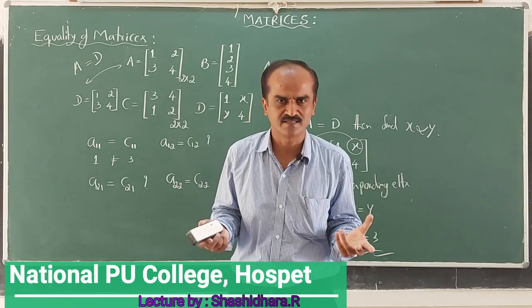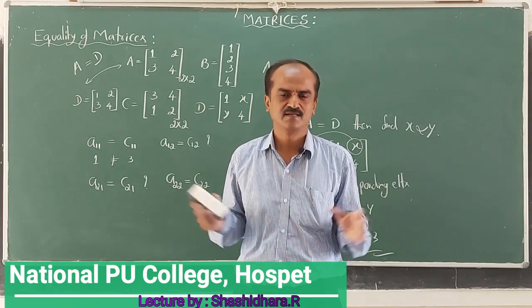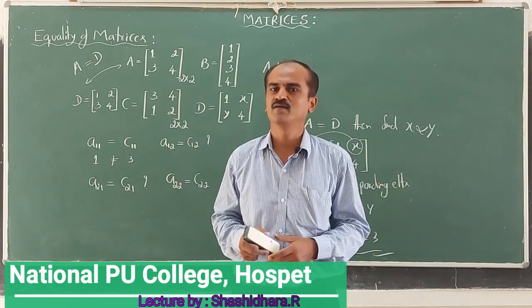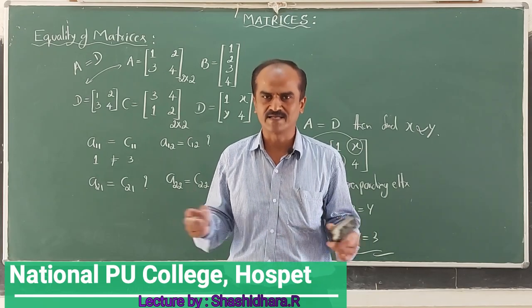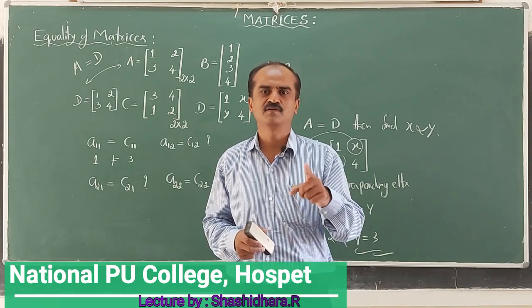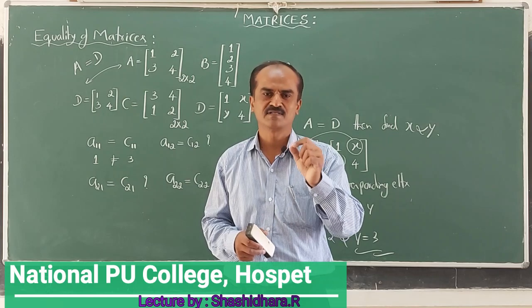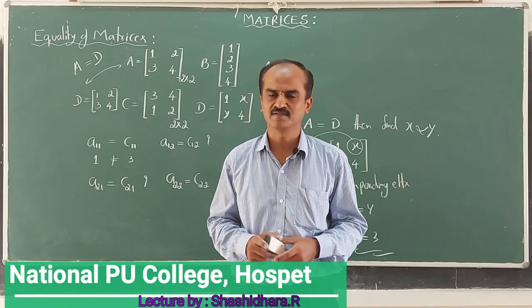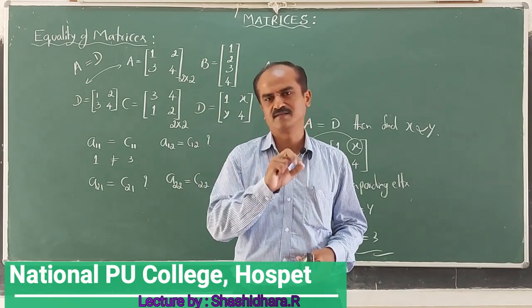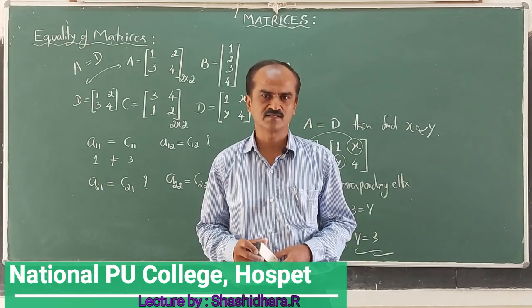Next we discussed the types of matrices and finally equality of matrices. With this idea, you should be able to complete the examples given in exercise 3.1. So please try it and you will be successful, no doubt in that.